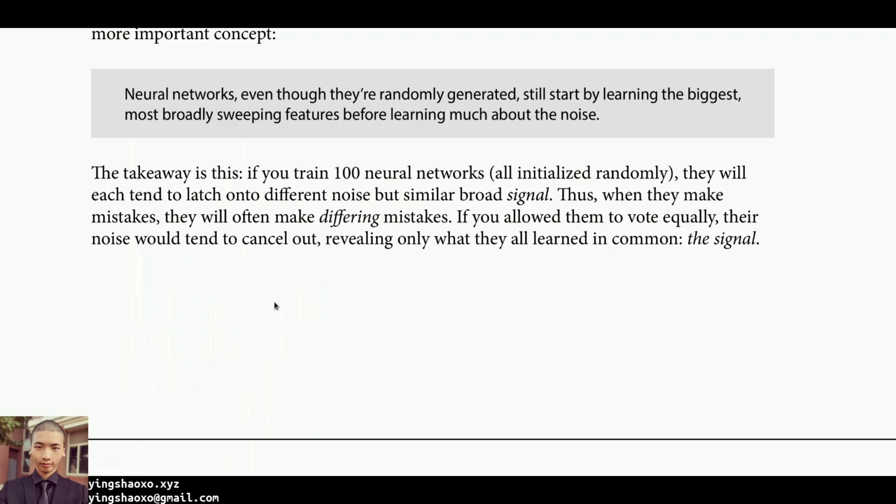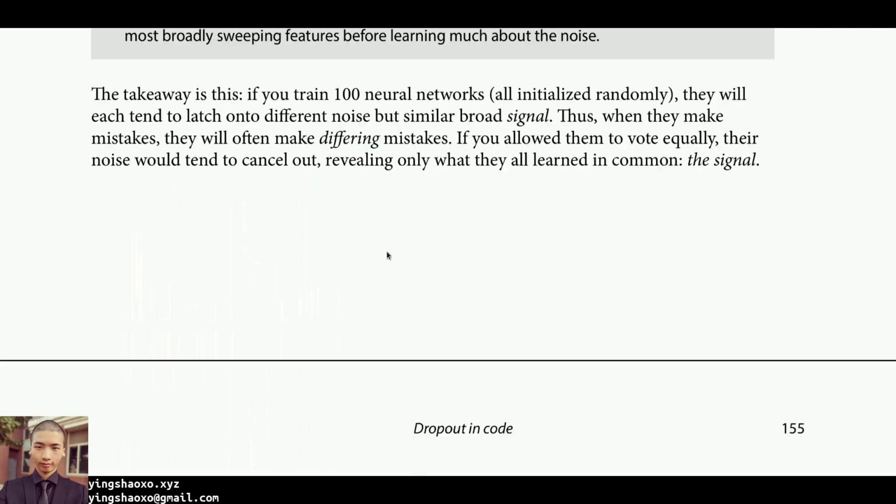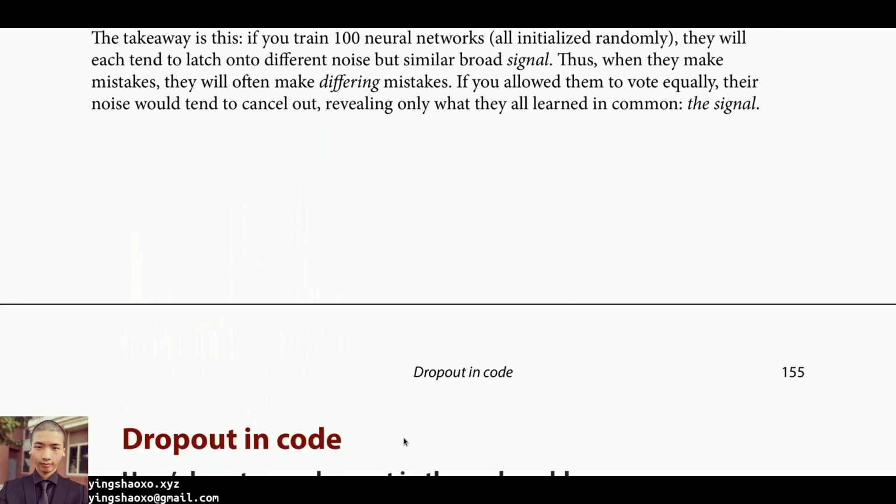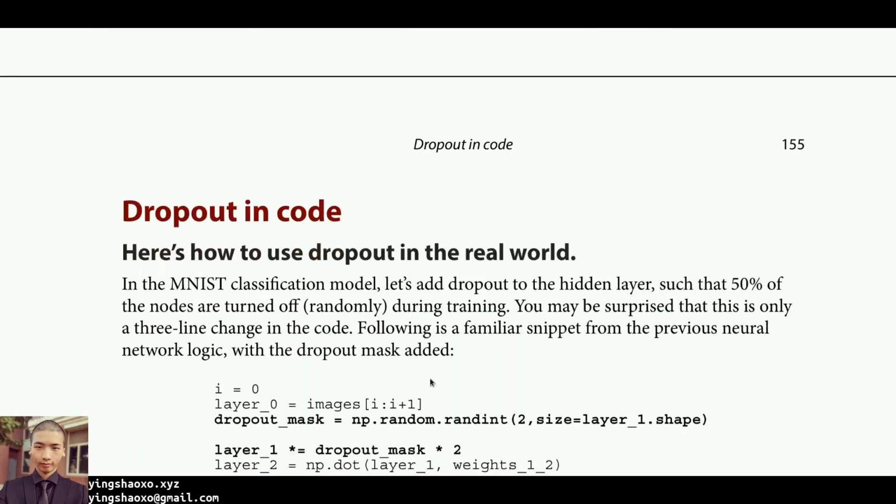Then how about we just drop out 50% of the information, and in the end, they will always keep the core information. They will absorb noise based on the common information or signals. Why don't we just drop out 50% of that information, and in the end, what we are left with is the signal that we want.